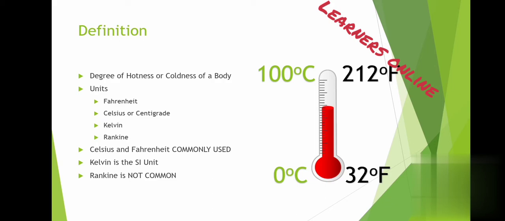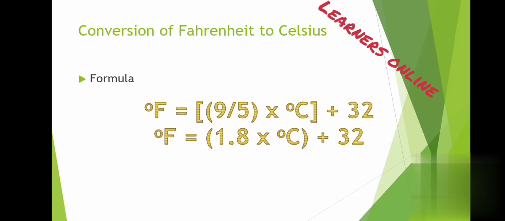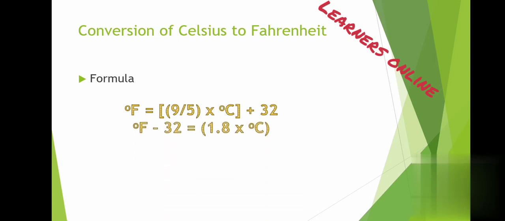If we want to convert Celsius to Fahrenheit, we use this formula. We can substitute the temperature in Celsius and get the result in Fahrenheit. Similarly, if we want to convert Fahrenheit to Celsius, we reverse the formula by subtracting 32 from both sides.